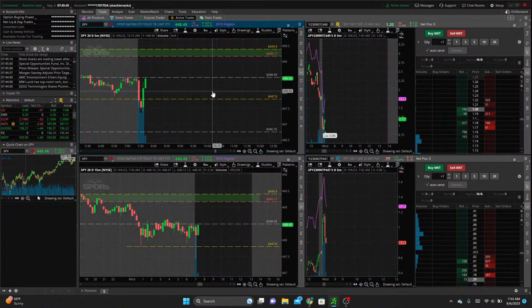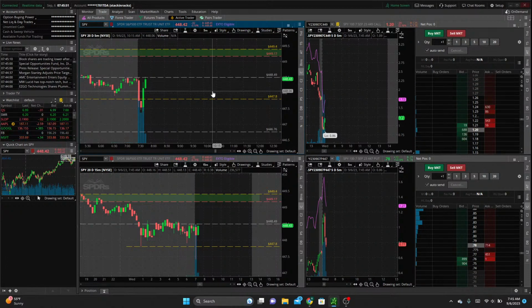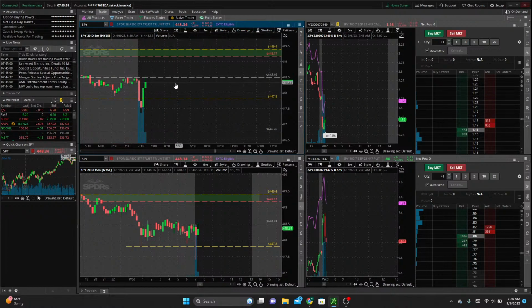So there's the retest. We get pushed down pretty much immediately. We'll see if we're able to capture that level though.